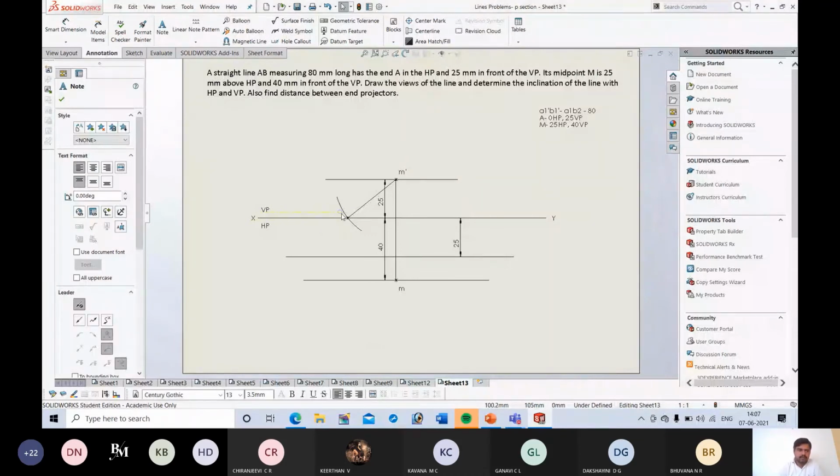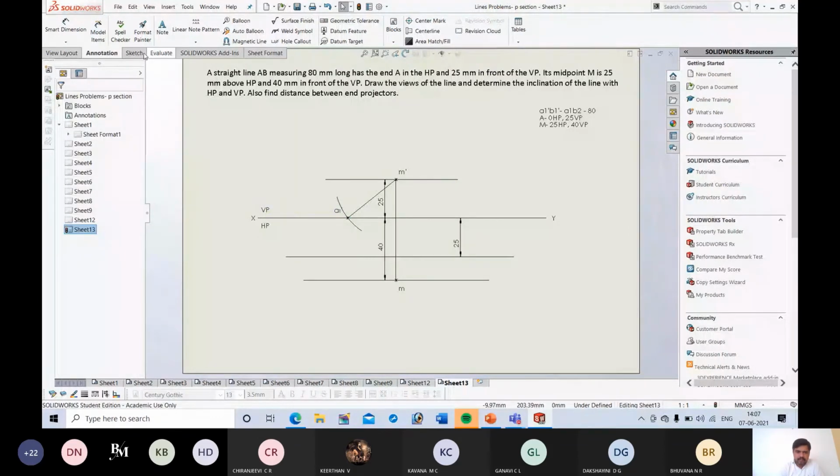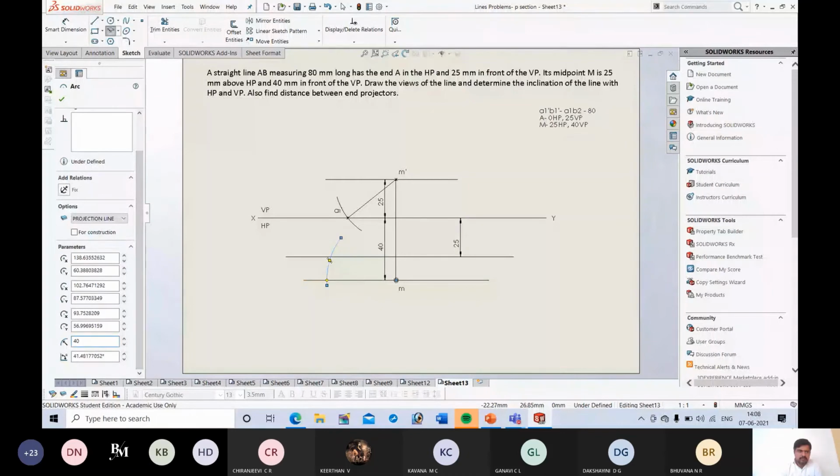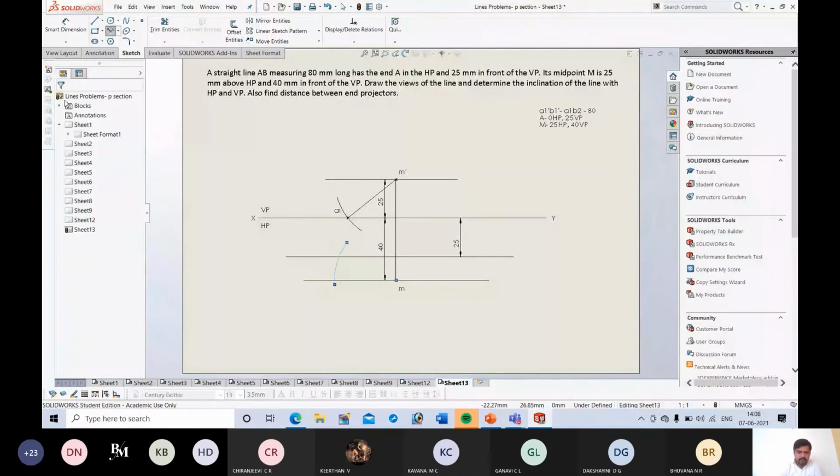Okay, similarly, I will consider M on HP. So again I will draw one more arc, not line. Okay, radius is 40. Next, I will connect these 2 points.